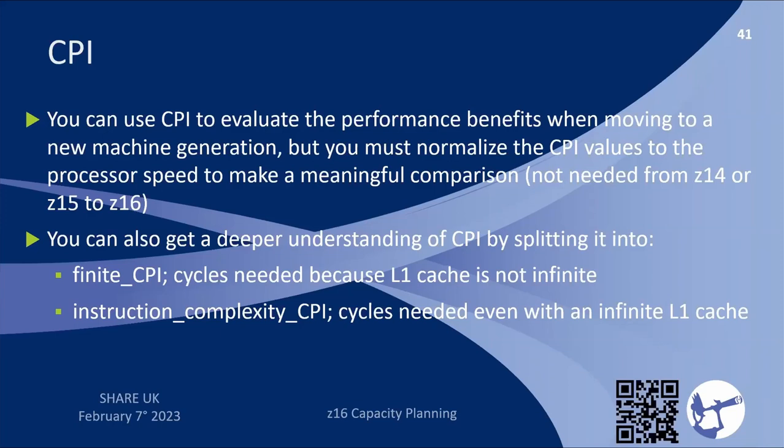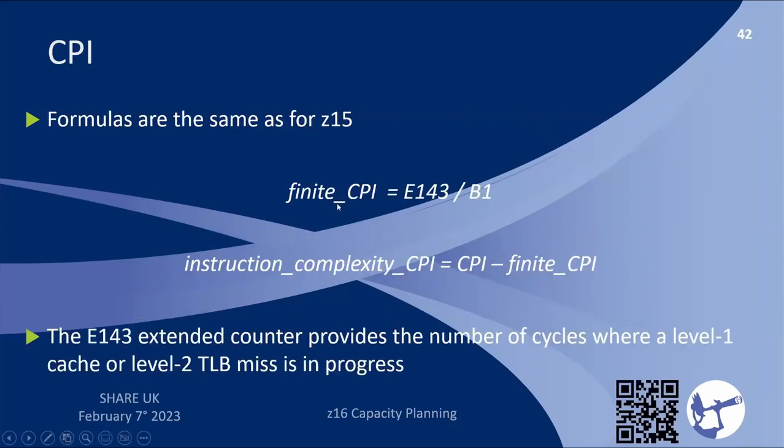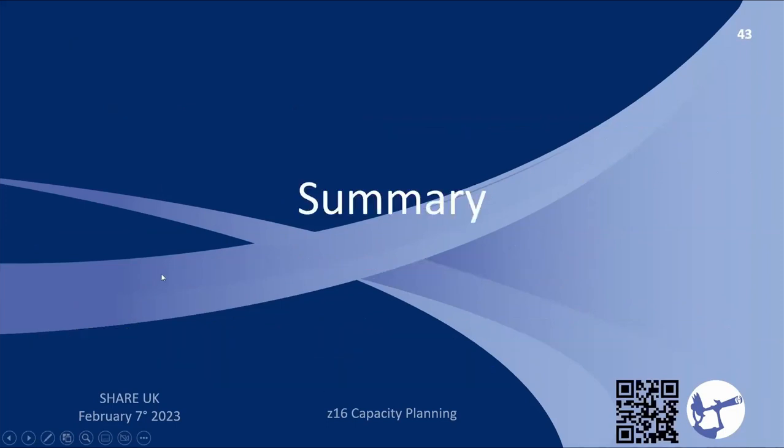Anyway, it's there, so you know that there are these two things. The formula is the same because we use the same counters. Even the extended counters didn't change. And that's the end of this section.